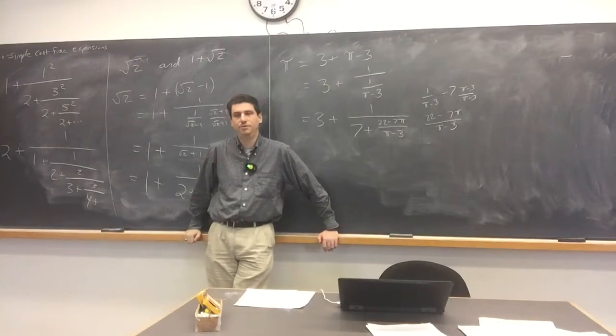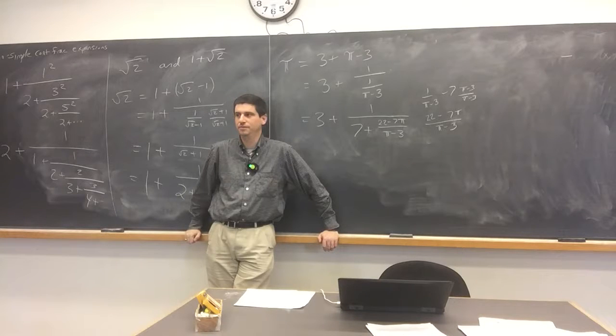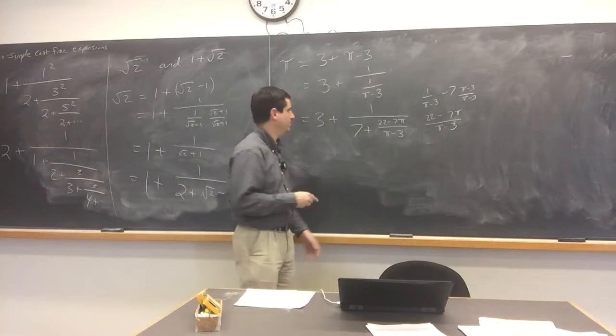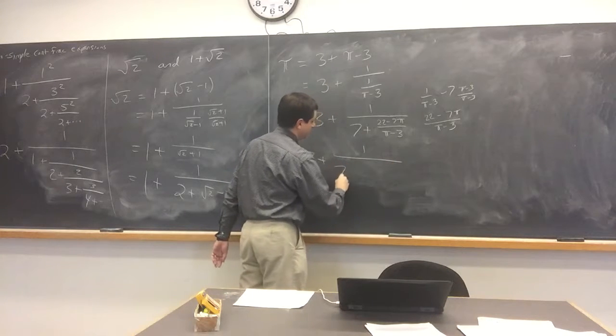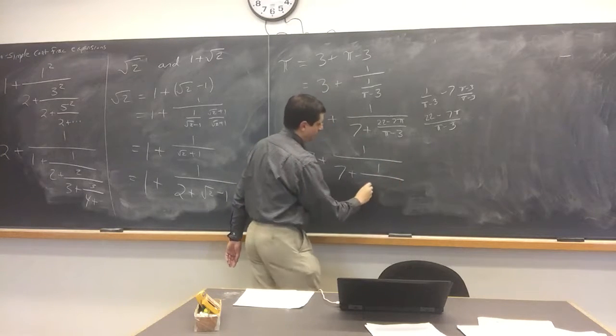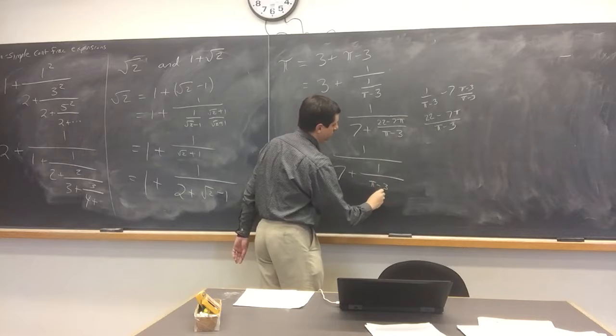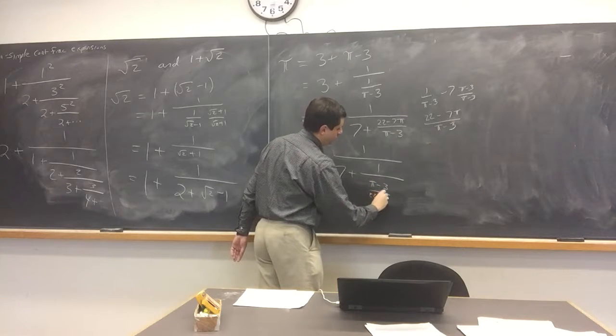Okay, what do we do now? Yeah, 1 over. We really don't have that much we can do. We just keep playing this 1 over game. So now this is 3 plus 1 over 7 plus 1 over pi minus 3 over 22 minus 7 pi.